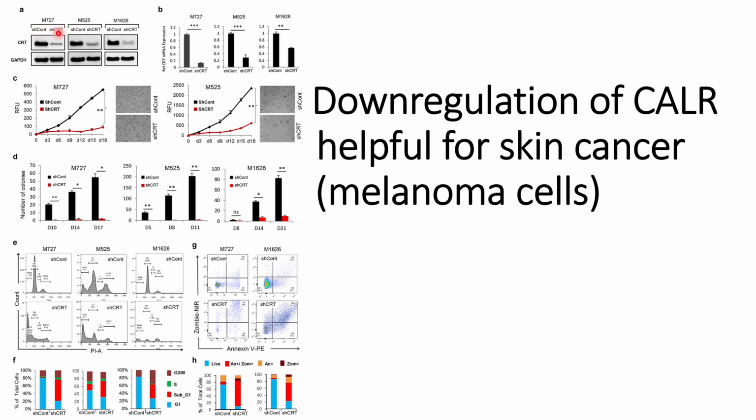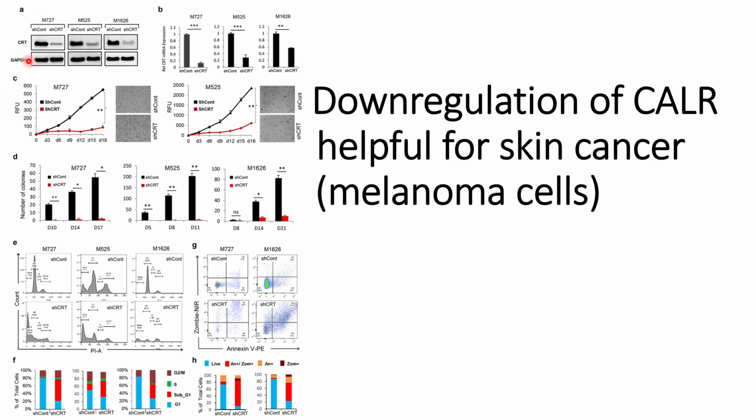Cells are transfected with the lentivirus that contains short hairpin control mRNA and also the short hairpin calreticulum mRNA. SHCRT will down regulate the calreticulum production in the melanoma cells, and this SH count acts as a control.